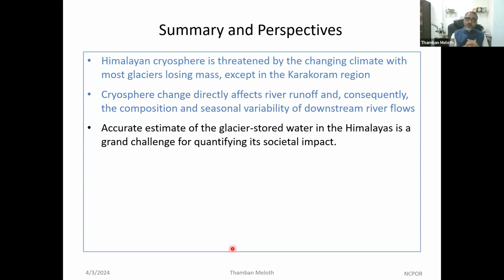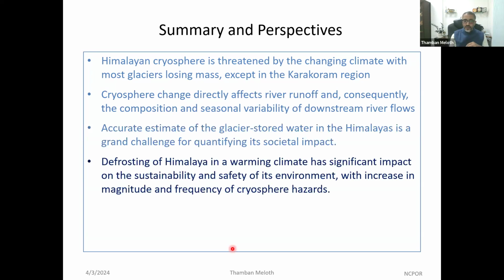An accurate estimate of glacier stored water in the Himalaya is a grand challenge for quantifying its societal impact, due to the fact, as I mentioned, that there is hardly any real data existing on the thickness of the ice in this region.